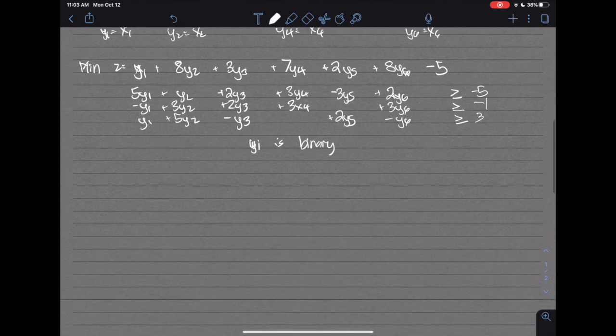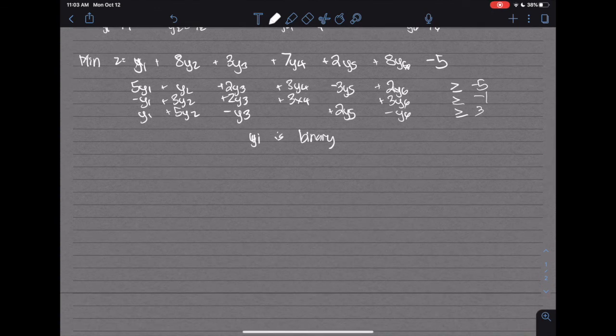Great. The next step is now to transform or to rearrange your objective function into smallest coefficient to largest coefficient. Now, some of you may want to remove the negative 5 from the objective function coefficient. Since it's a constant, it won't be a factor in our computations.